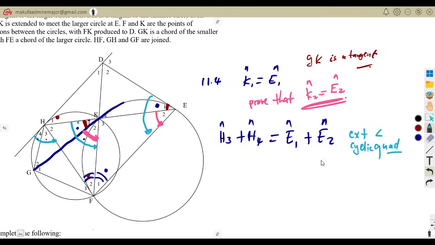But the same H3, H4 that you're talking about here, considering inside, is the same. The same H3 plus H4 is equal to the sum of K1 and K2. It's also equal to that part.